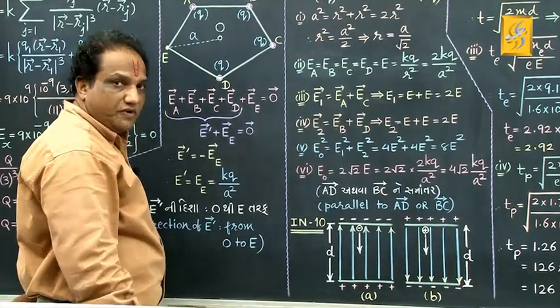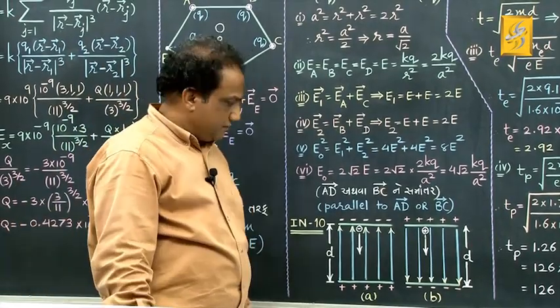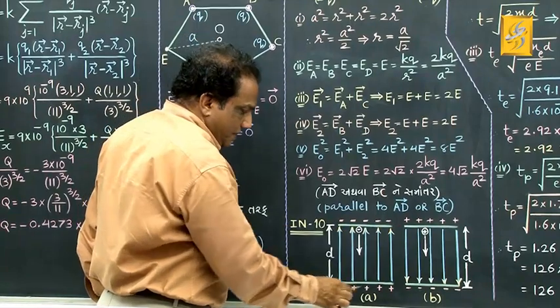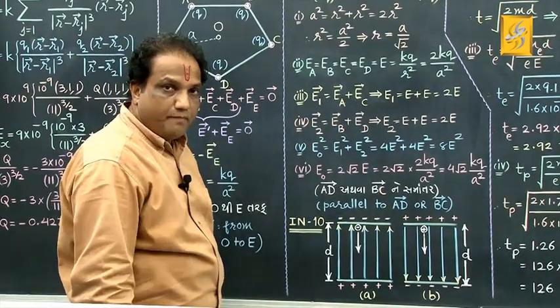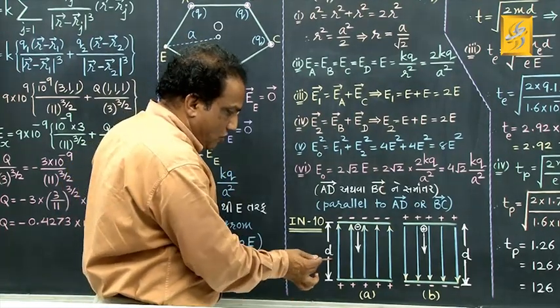Now, can you read the statement of illustration number 10? We are given a pair of parallel metallic plates which are oppositely charged, having a perpendicular separation small d.